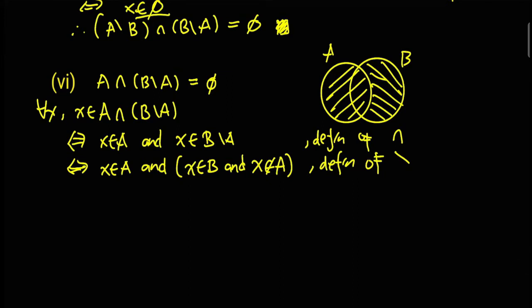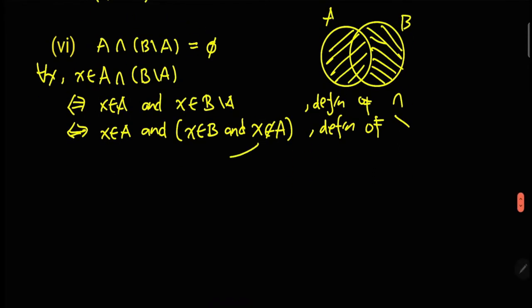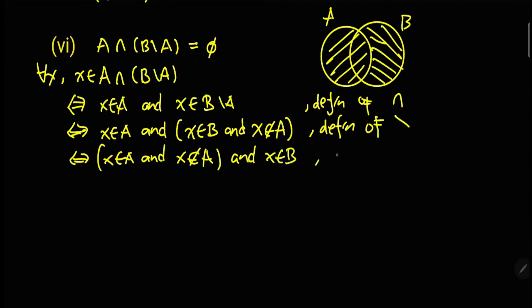But again, our statement involves only the logical operator AND. So by again regrouping and then commutativity first, we can commute these two. And then when you commute that, you can regroup A with A. So we can regroup the statement x is in A and x is not in A, and then AND x is in B. So that's again the associativity and commutativity property of the logical operator.